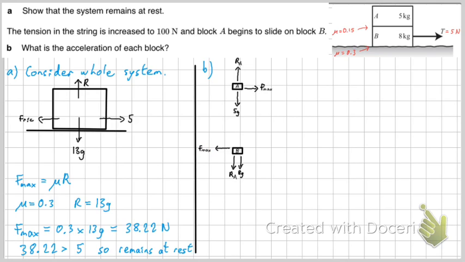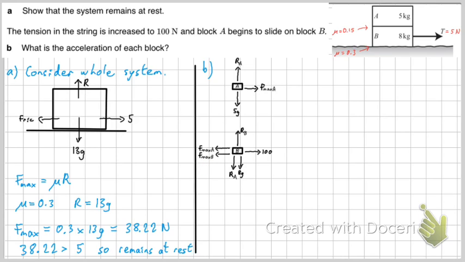But there's going to be friction from the ground as well on block B, so I might call these F max A on both. Okay, right, so I've drawn on RB, which is the reaction on block B from the ground. And also the other horizontal forces acting on B: we've got the 100 newtons pulling it to the right, that's our tension, and I've got F max B, which is the friction from the ground on block B.